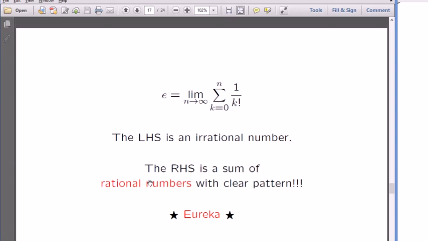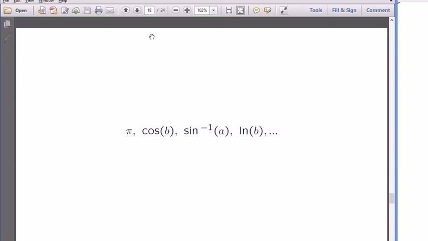So that's amazing, right? By just doing integration by parts a couple of times, you discovered the secret behind this mysterious number. It doesn't stop. It'll tell you how pi unfolds. It'll tell you how the cosine of 2 radians is calculated with your calculator, and how the calculator computes the inverse sine of 1/3, and how they compute the log, all of that. How do they get that old table?